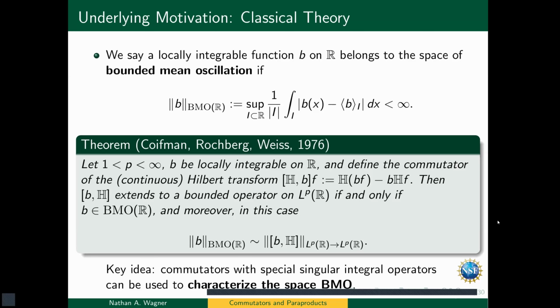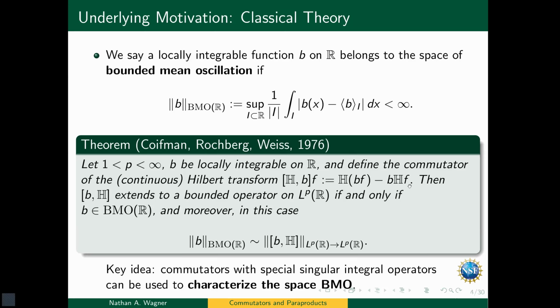So if I think about the commutator of the Hilbert transform with multiplication by b, which is a very simple operator, you just multiply by b. You can think of that as an operator on your Banach space that will be bounded in circumstances, or at least densely defined. And you want to measure how much the Hilbert transform commutes with multiplication by b. So you look at the commutator H applied to bf minus b times Hilbert transform of f.